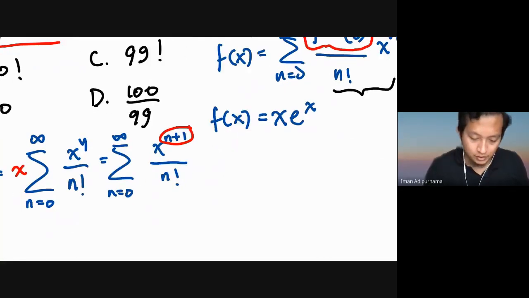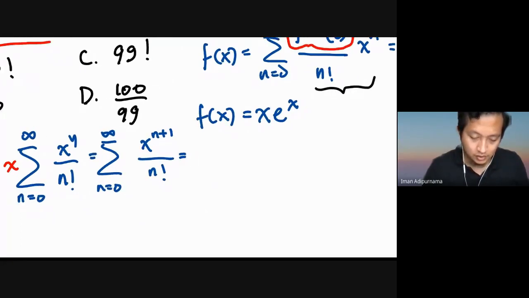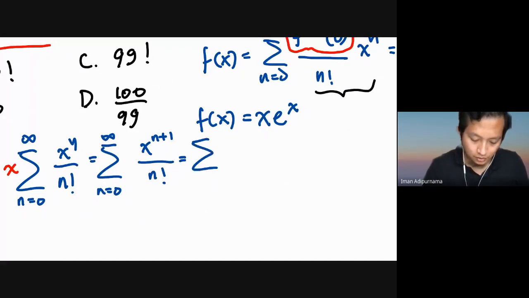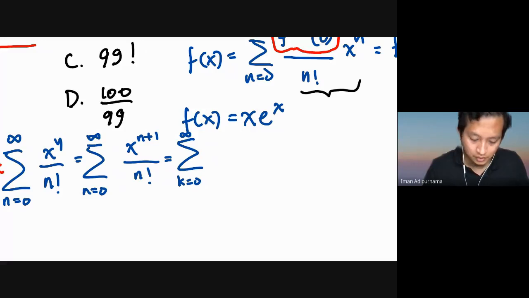If I make this into k, for example, in the general function, let's change into k, where k is n plus 1.